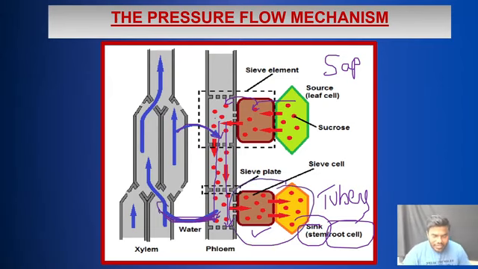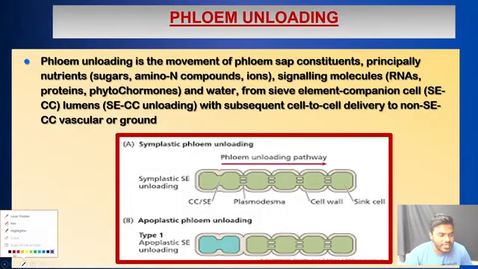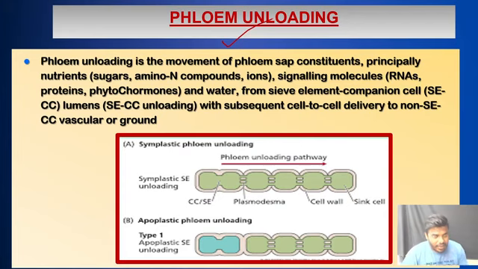Now let's try to understand how unloading occurs. See, whatever statements I highlight here about unloading, just remember that. We discussed phloem loading also, the symplastic pathway and apoplastic pathway. What I want you to remember about phloem unloading is just these 2 points.